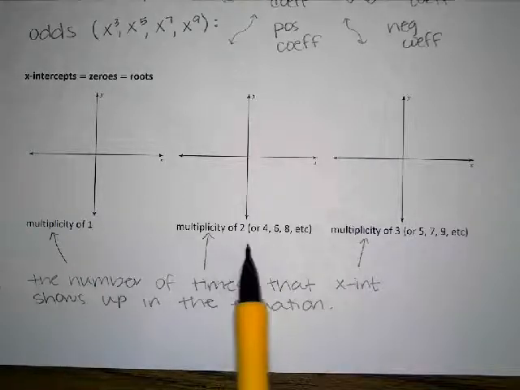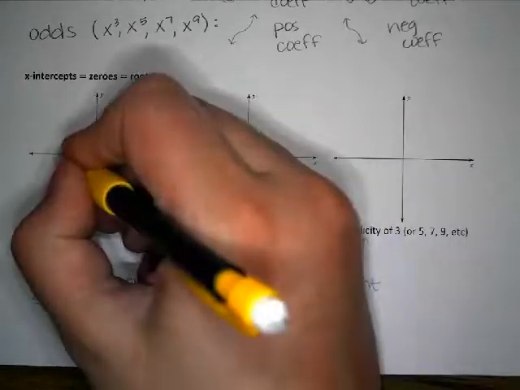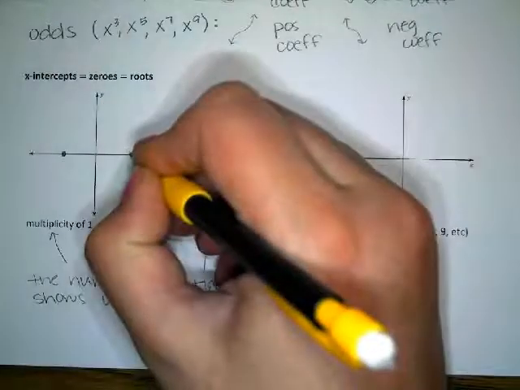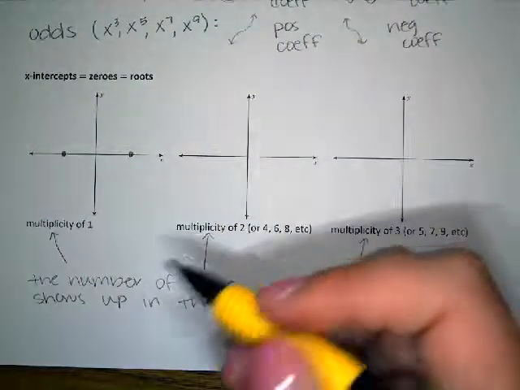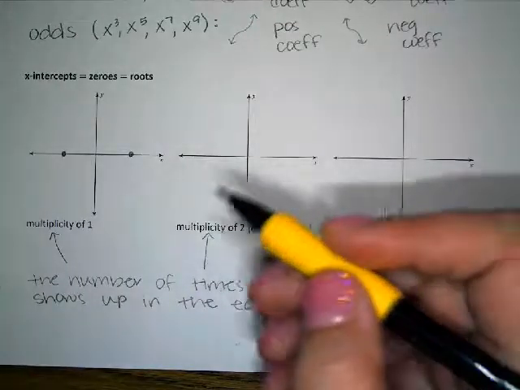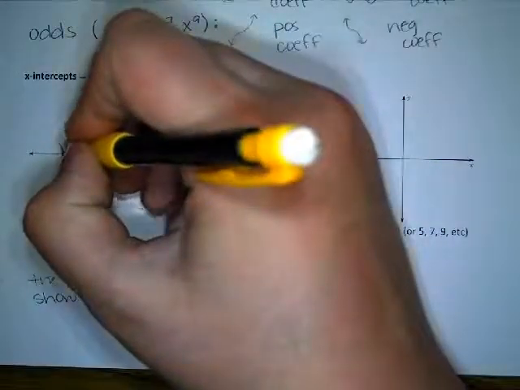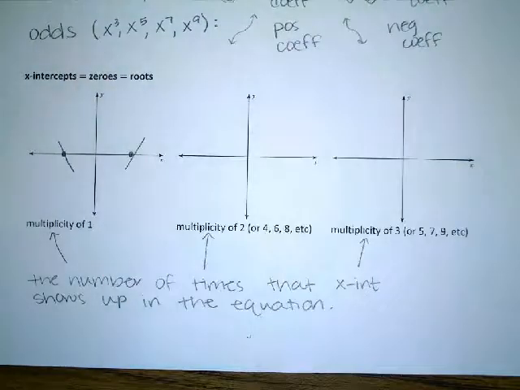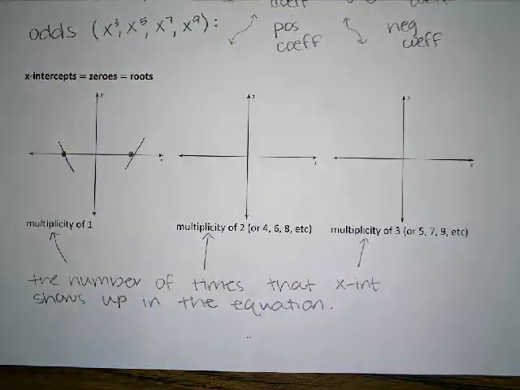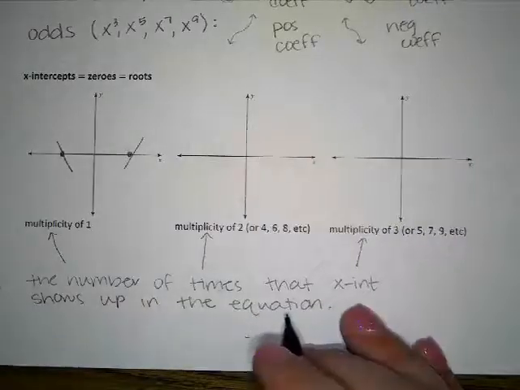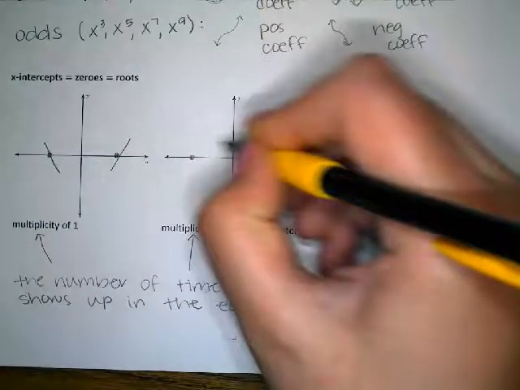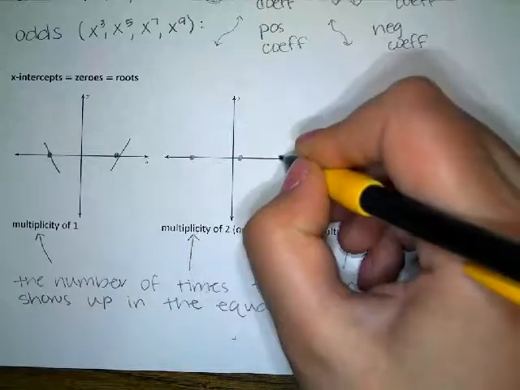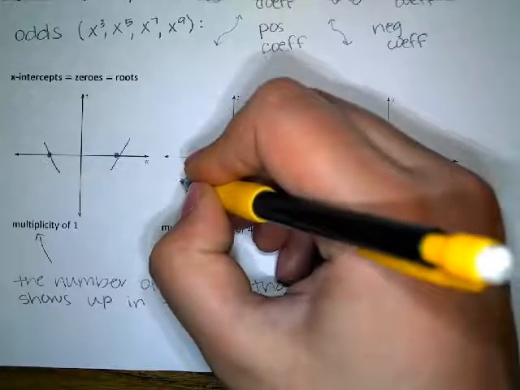And then we talked about multiplicity on Friday because you guys were doing it when you were recognizing the equation of the graphs. If you guys remember, a multiplicity of 1 just goes straight through the x-intercept. We said a multiplicity of 2 bounces at the x-intercept.